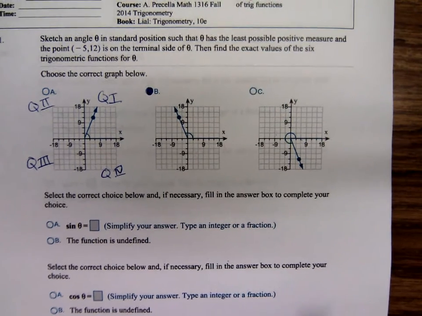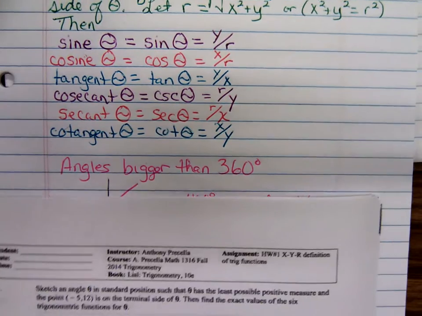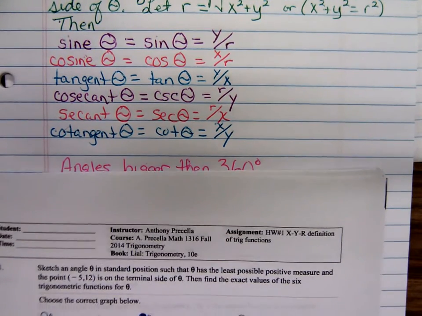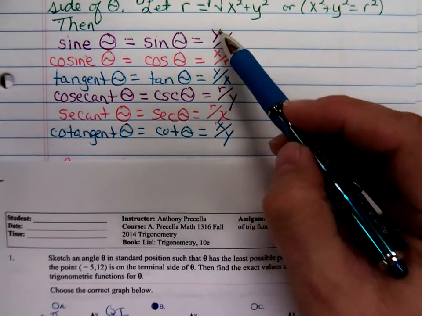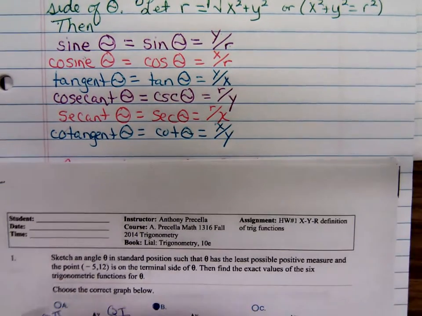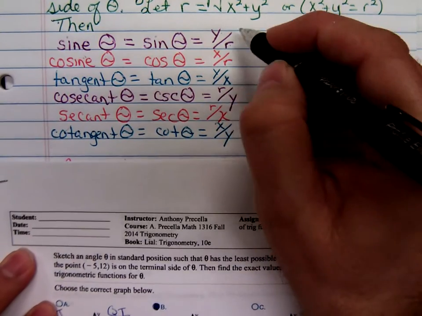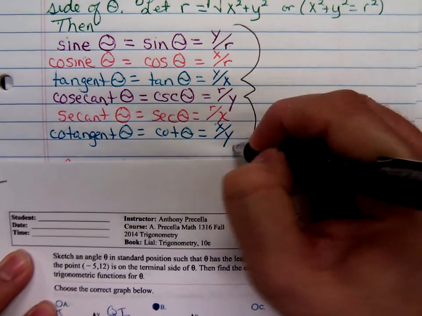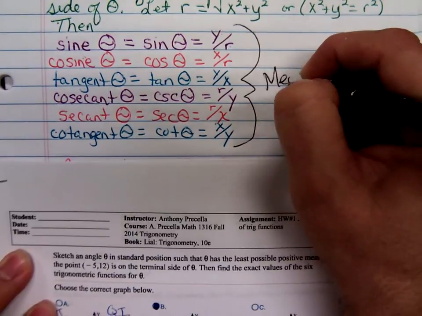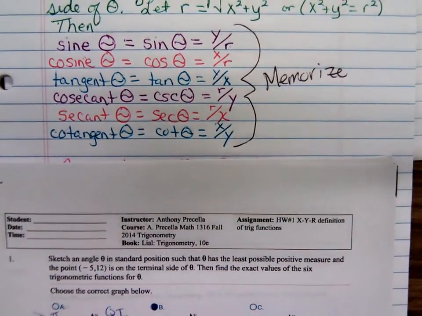Okay? Let's look at our definitions again. That's sine, cosine, tangent: y over r, x over r, y over x. In this course, there's going to be quite a bit of memorizing. This is different from algebra in the sense that everything builds on itself.